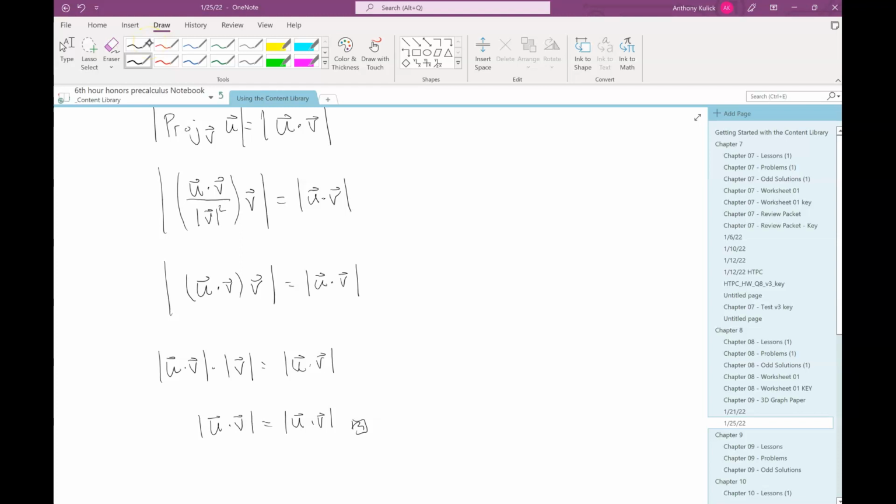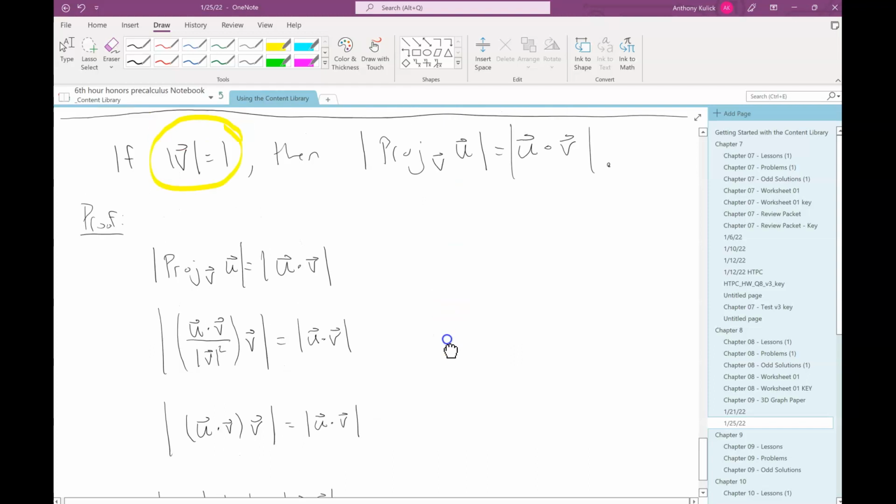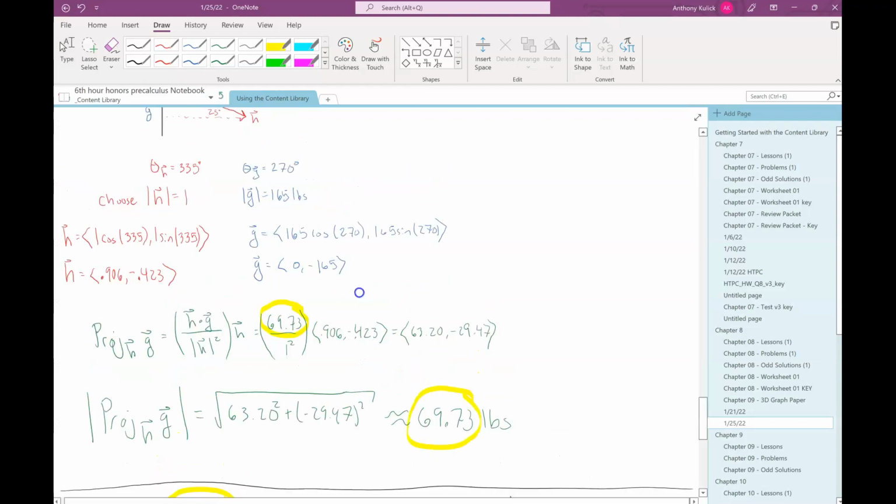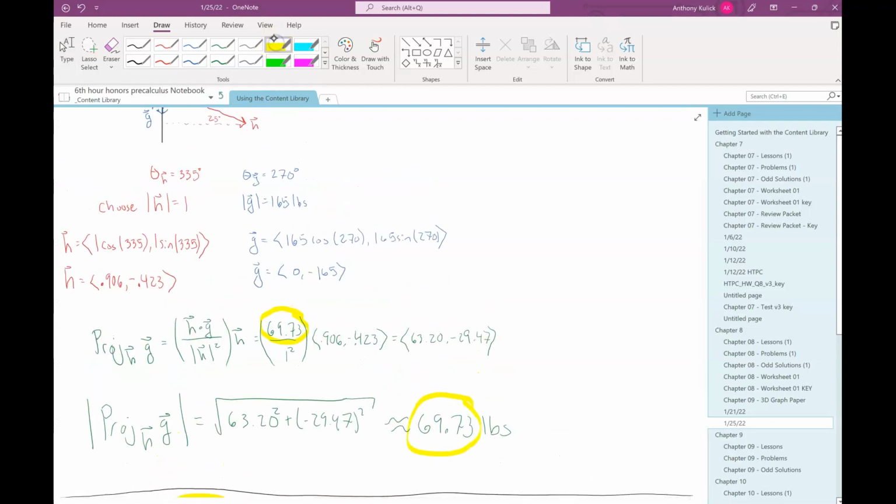So if we go back to the problem that we were working on a moment ago, since we know H is a unit vector, really we can shortcut all the way down and just stop when we do the dot product.